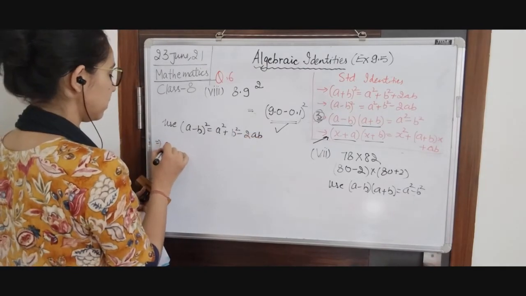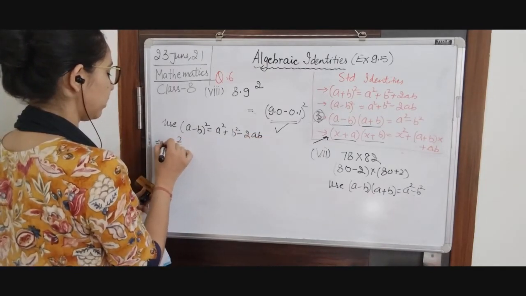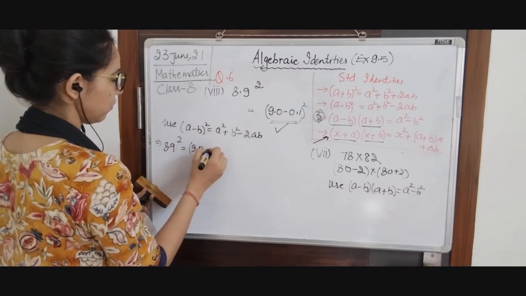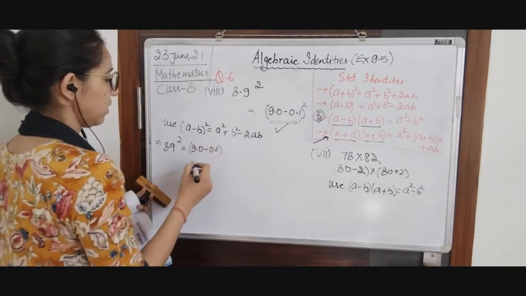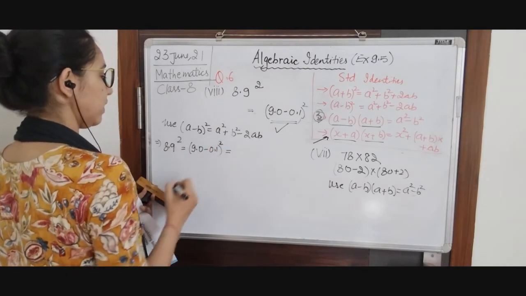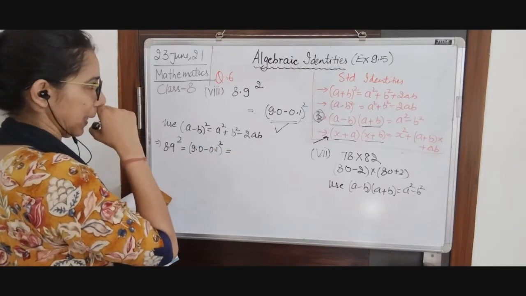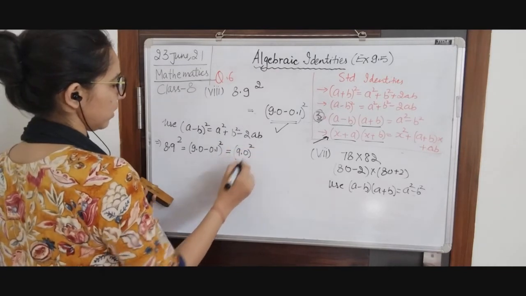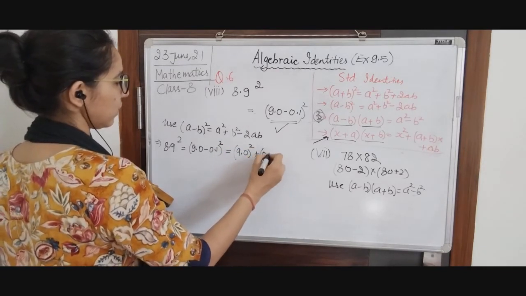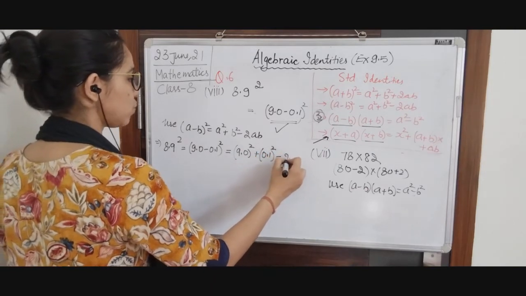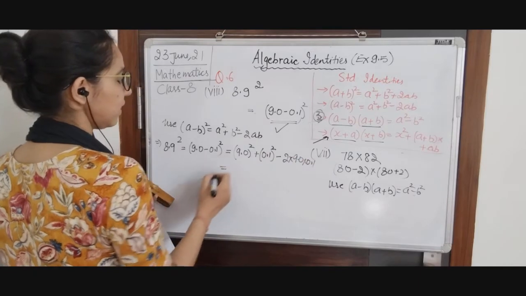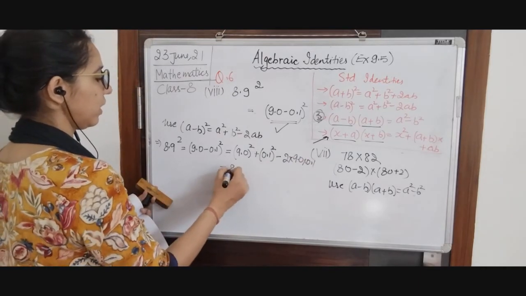Our given square, 8.9 square, which we have written as 9.0 minus 0.1, will be equal to 9.0 whole square plus 0.1 whole square minus 2 into 9.0 into 0.1. 9 whole square will be 81.